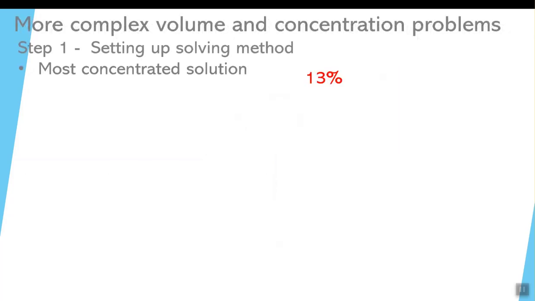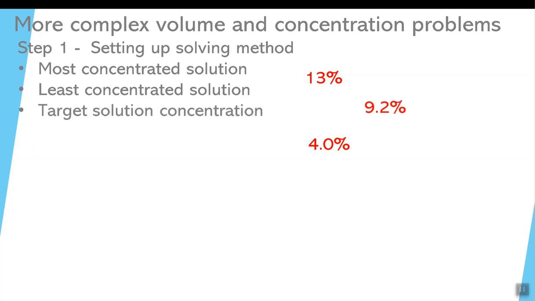Now, what's the highest concentration? Well, it's 13%. What's the least solution concentration? It's the 4%. What's our target? 9.2%. Now this is kind of like a picture way of making a solution. You could solve it with X's and Y's and stuff like that, but this is a relatively simple process.